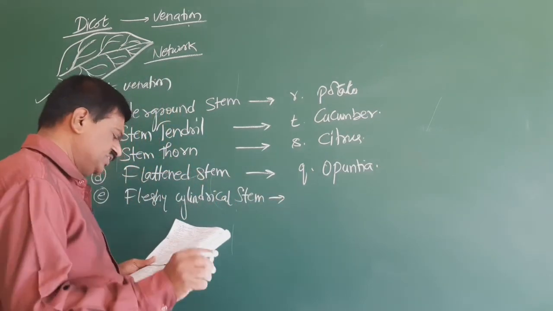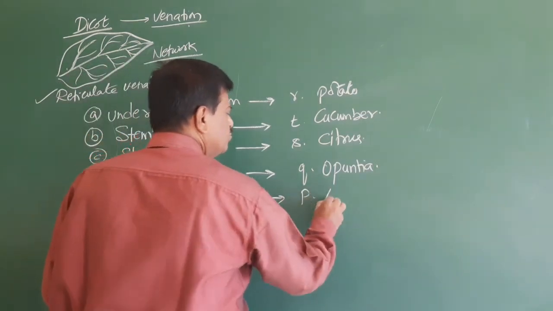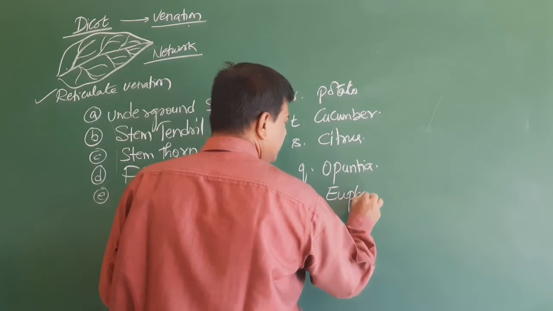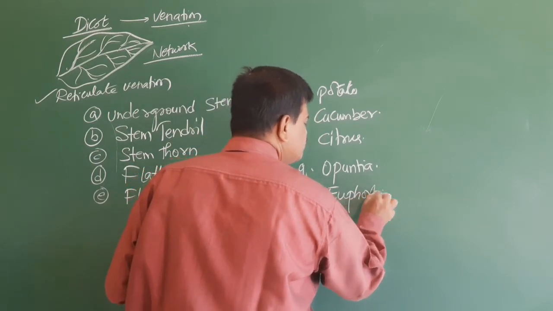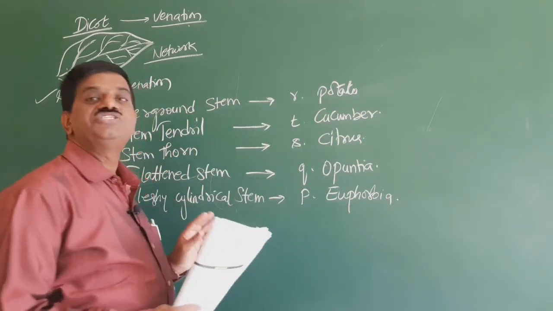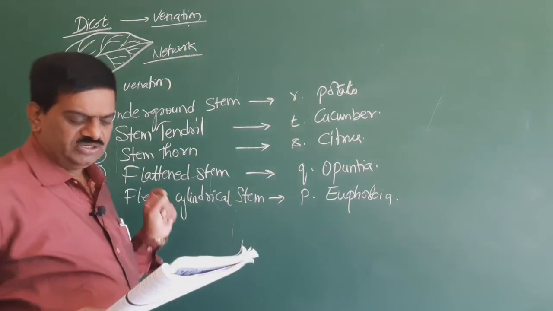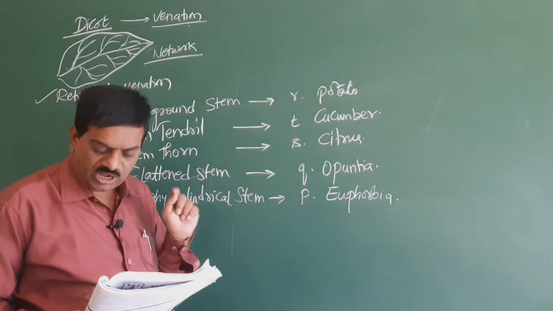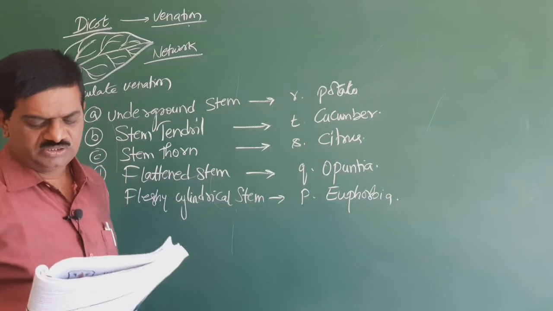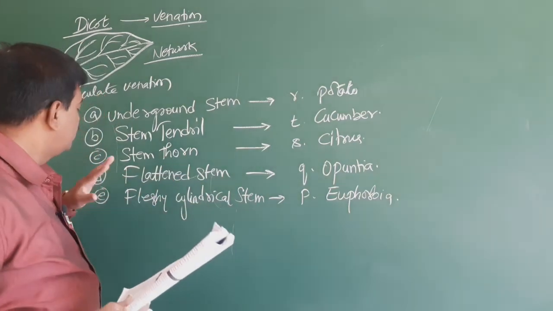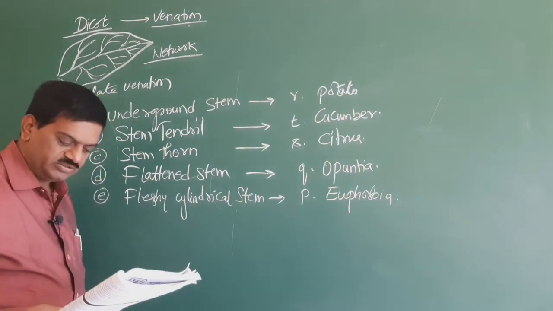Fleshy cylindrical stem can be seen in euphorbia. So this is nothing but the right matching. So this right matching is seen in the fourth option. So we go for the next question. So here the fourth option is the right one.